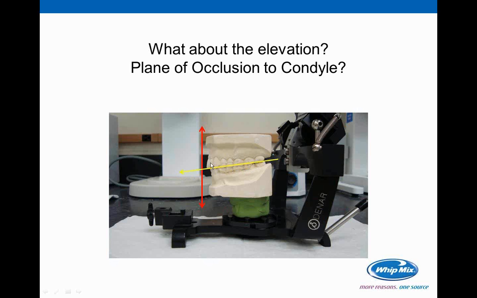Are we being really flat? Are we being 10 degrees? How are we in that mounting? Are we relying on mounting it horizontal to the table, or do we give it a little bit of a kick up in the posterior? You know, it's just how you were taught, right?